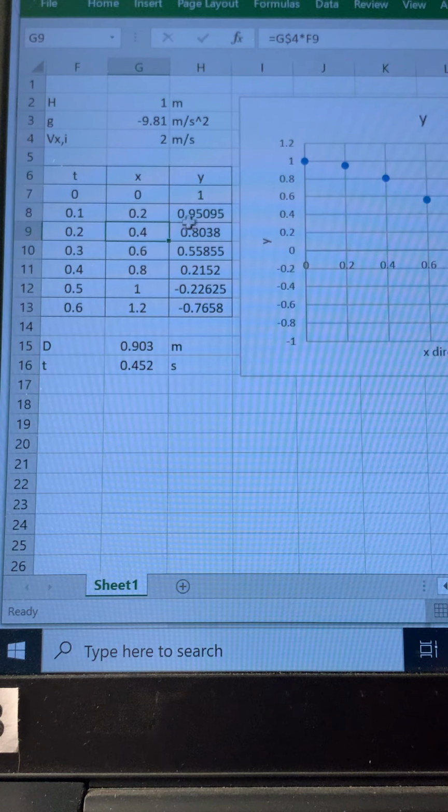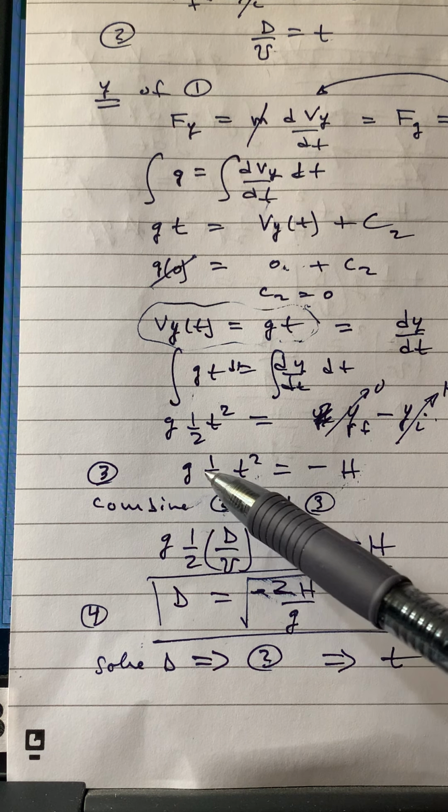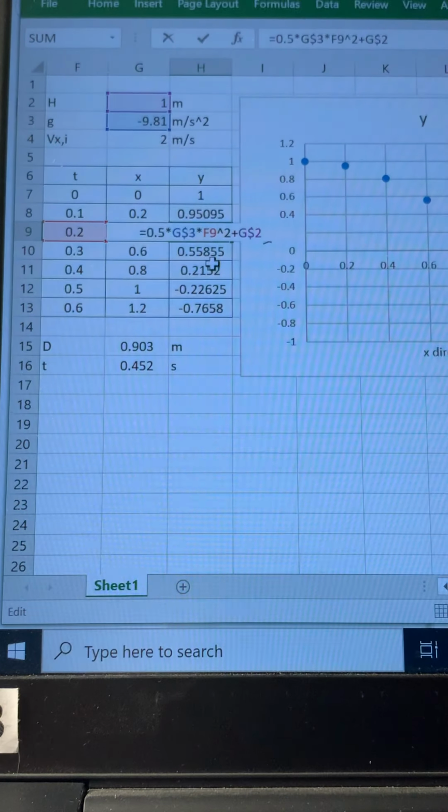The y term, now this is again the vertical term. So H is basically our initial vertical value, and g 1/2 t squared is the y value.